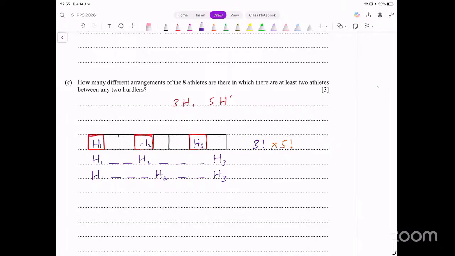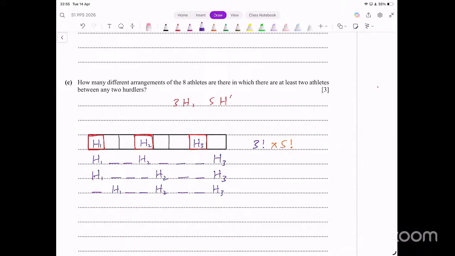Okay. And then, is there any other possible case? We could have one hurdler here and then 2 people here, another hurdler here, 2 other people, and then another hurdler here. This is another possible scenario. And that's it, right? There's no other possible case.